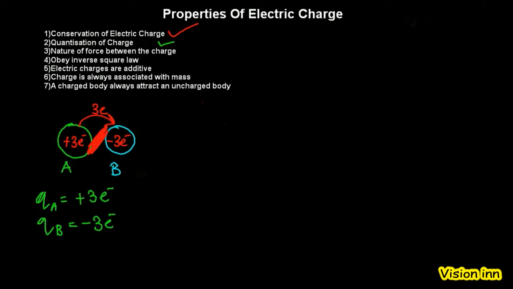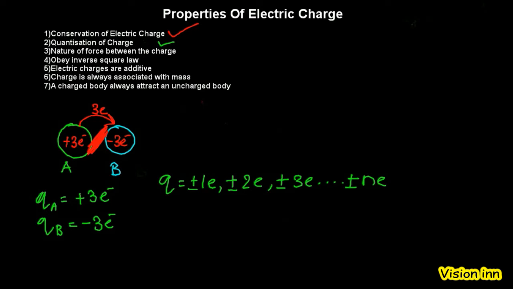So from this we should know that the charge on any body is always an integral multiple. For example, the charge on any body can be plus or minus 1e, plus or minus 2e, plus or minus 3e, till plus or minus any n. It can have any of these values.